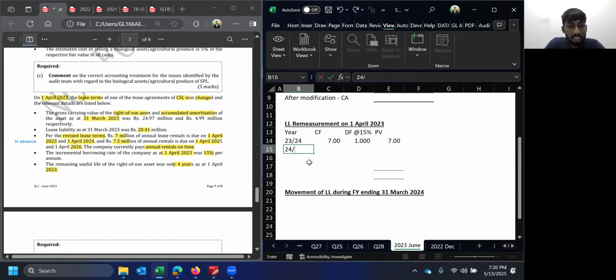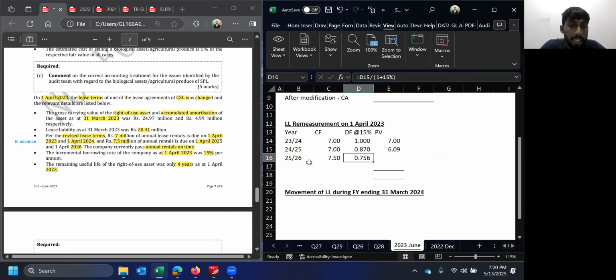Then for next year, 24-25, again we have to pay 7 million, but now we have to discount that. So 1 divided by 1 plus R. You can use the formula, but here in Excel I am using a shortcut. The present value would be 6.09. Then for 25-26, we have to pay 7.5 million.